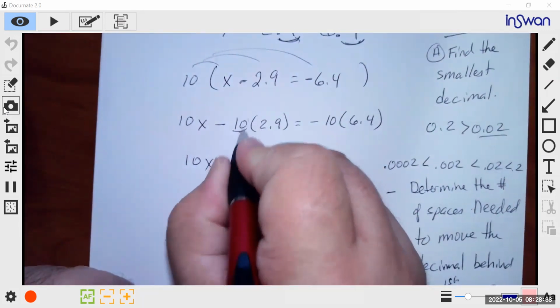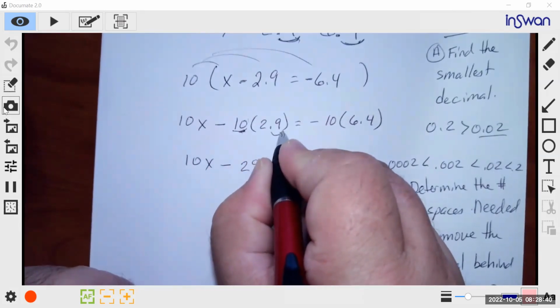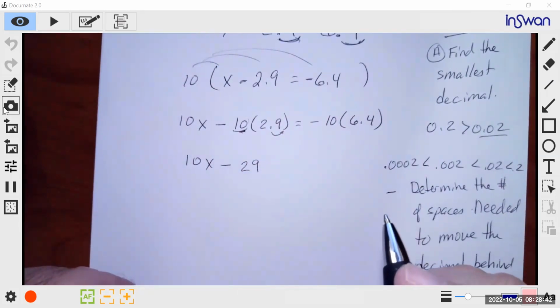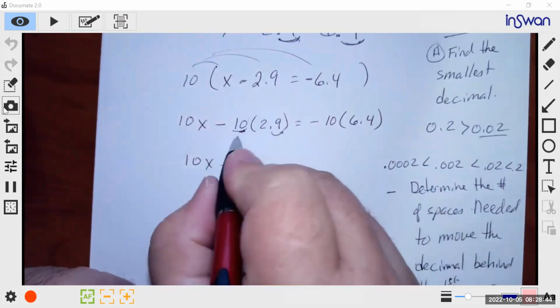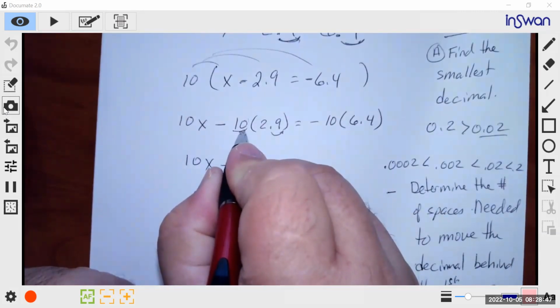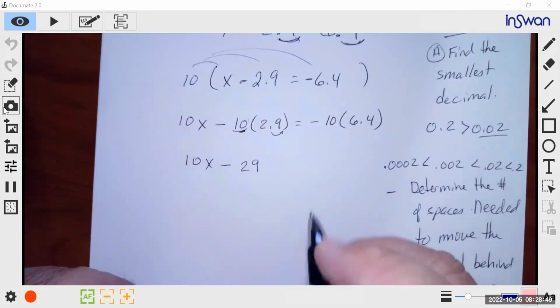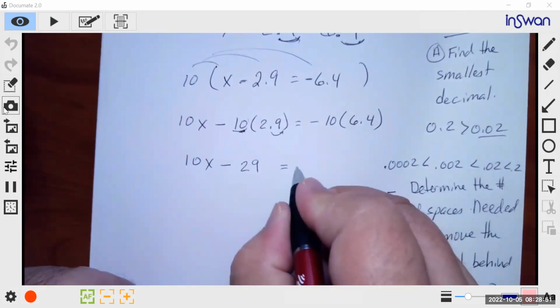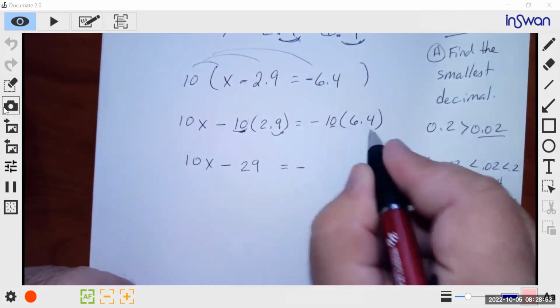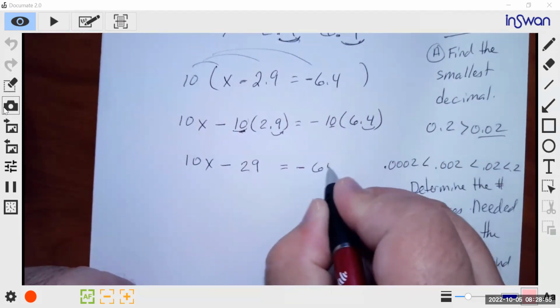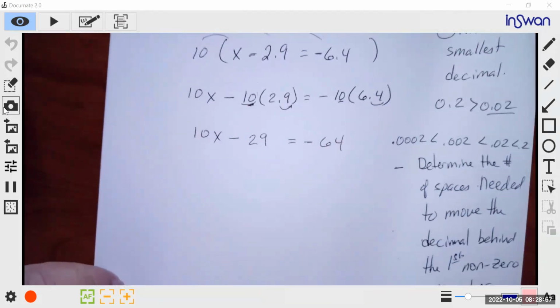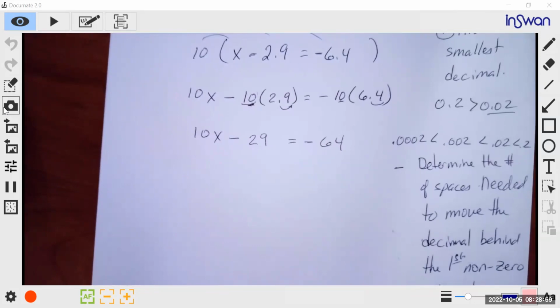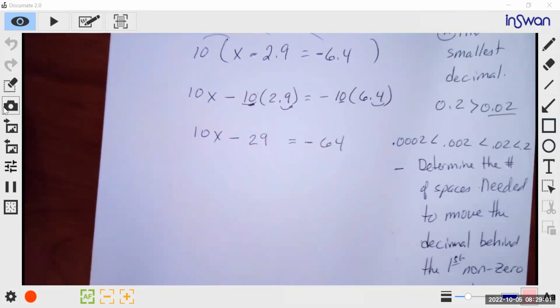Every zero you have that you're multiplying by is one space to the right. 10 times 6.4 is 64, so we get negative 64. So we get rid of the decimal. Now we're done with the decimal. We don't need it anymore until the very, very end.